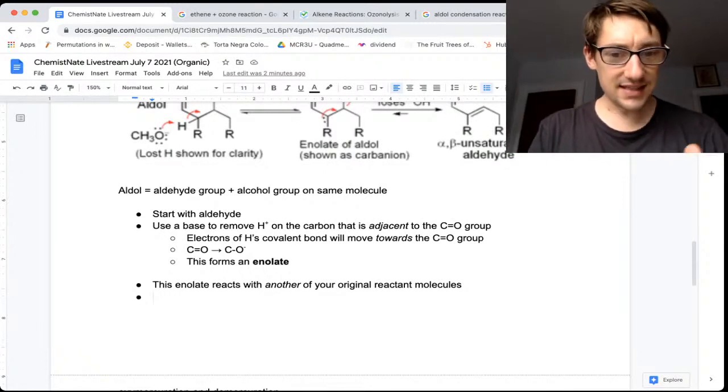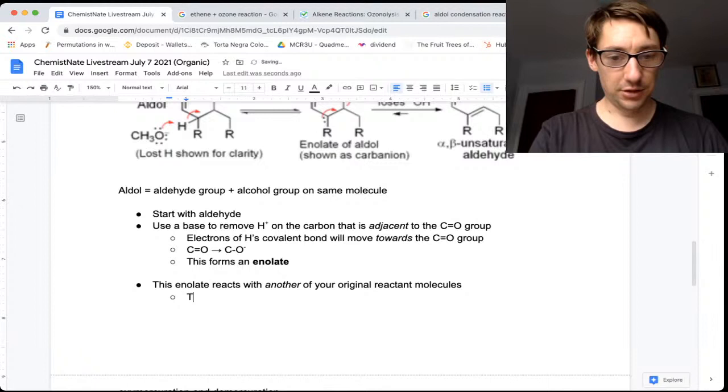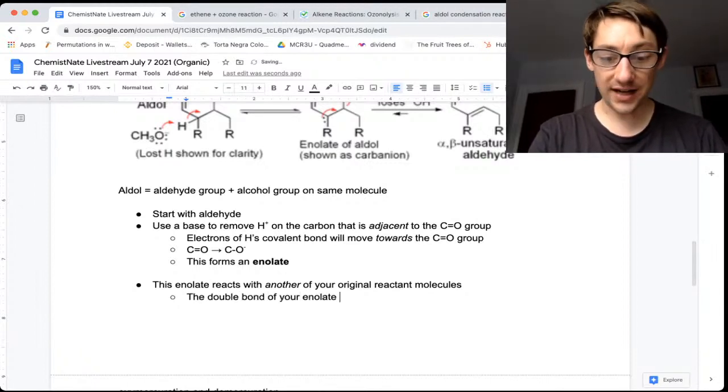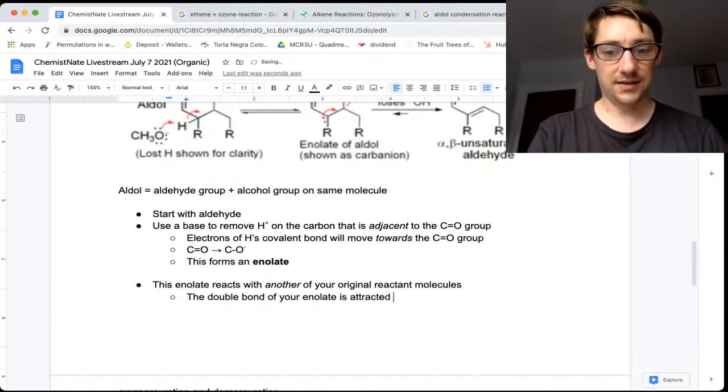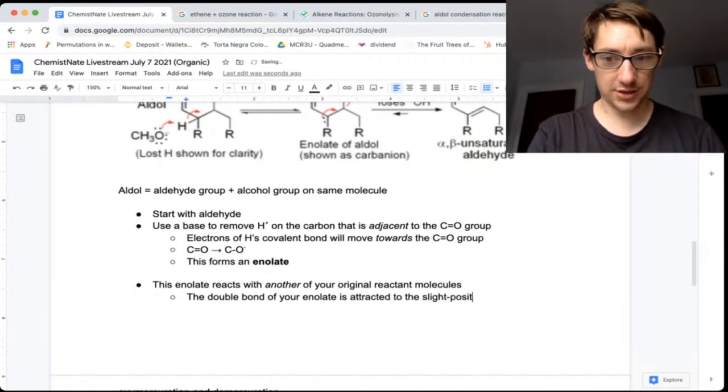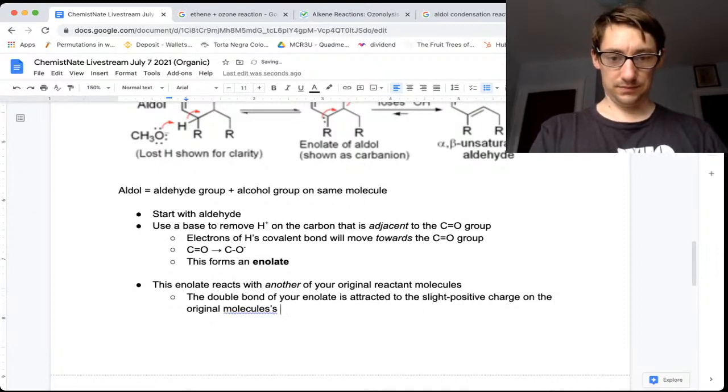Anyways, this enolate reacts with another of your original reactant molecules. The double bond of your enolate is attracted to the slight positive charge on the original molecule's CO bond.